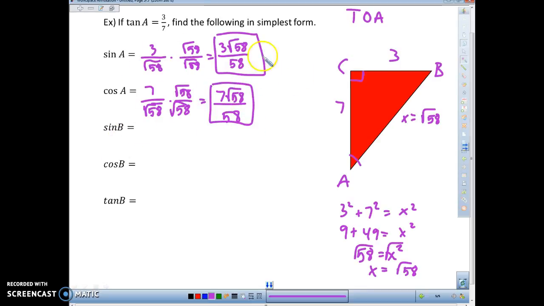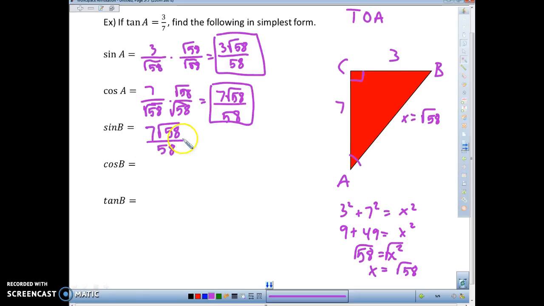Sine of B, if you're smart, you remember that sine of A and cosine of B, or vice versa, are exactly the same. They're equivalent for complementary acute angles. So sine of B is the same as cosine of A. So that is 7 root 58 over 58.